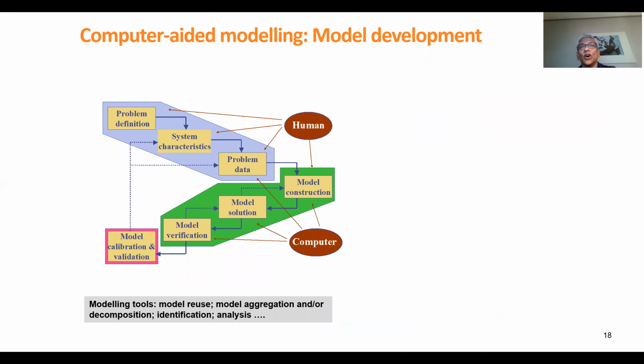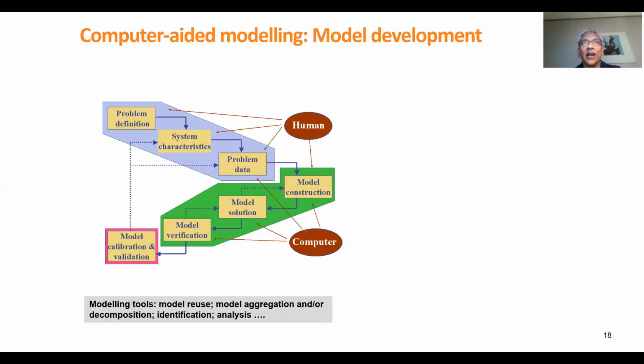Now, if we automate that as much as possible, not 100%, then we could have a computer-aided modeling tool. So on the left-hand side, we can see that there is problem definition, system characteristics, problem data. That is best defined by the human because they know which is the problem they would like to solve, that is the system and the corresponding model objectives.